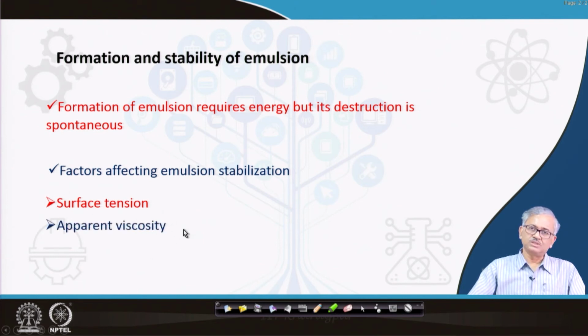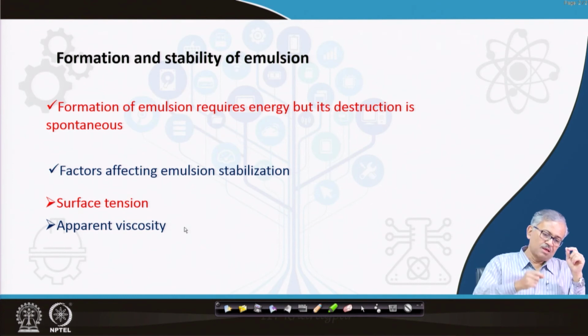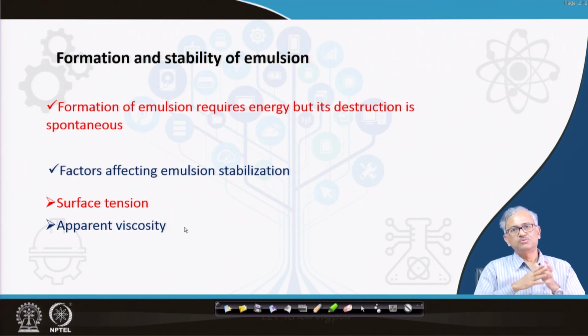And apparent viscosity is another factor. If the viscosity of the emulsion system is high, that is the slag, the major phase is the slag. So if the slag phase viscosity is high, then the gas bubbles and the liquid droplets will move much more slowly through the slag to come back to the main liquid. If viscosity is high, that will restrict the velocity of the liquid droplet, because once this droplet goes up, it will try to come down to the parent metal phase under gravity.